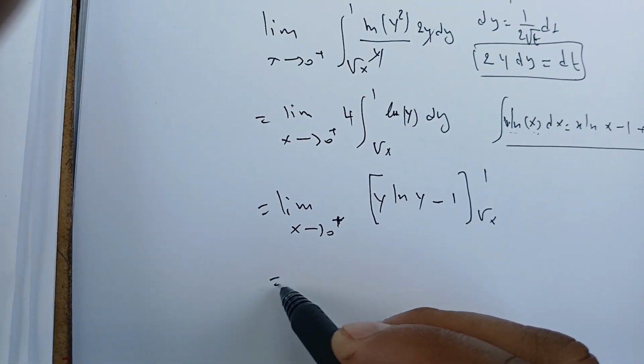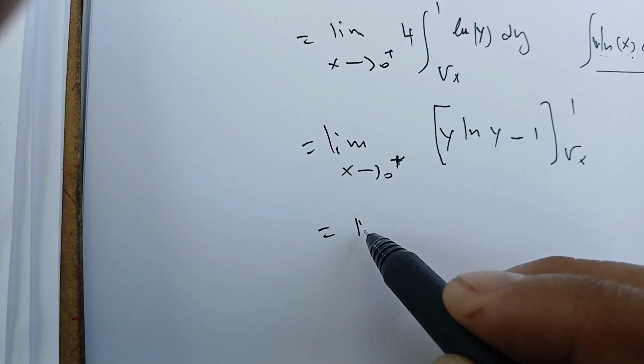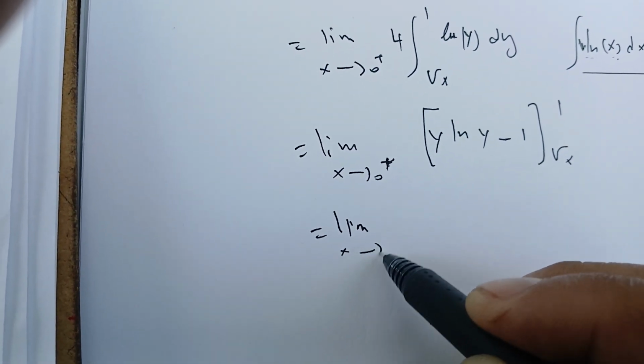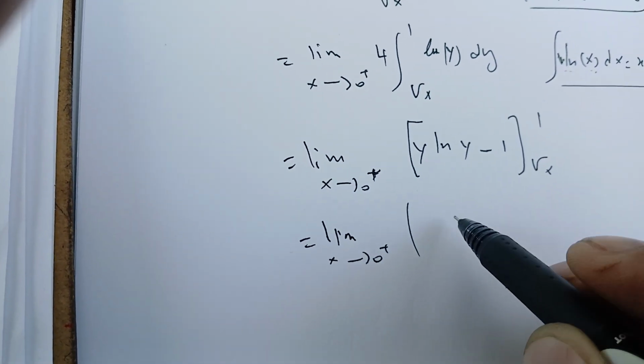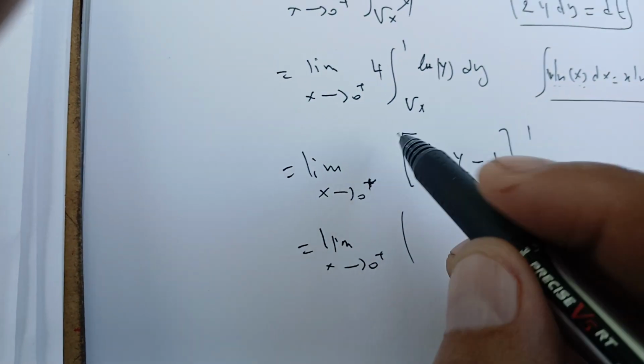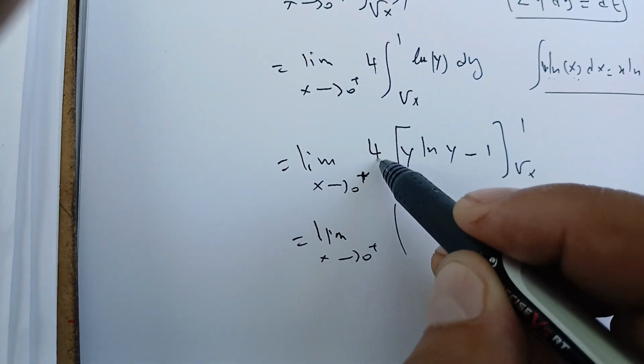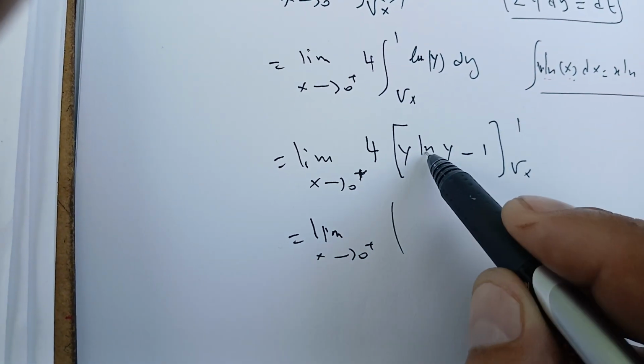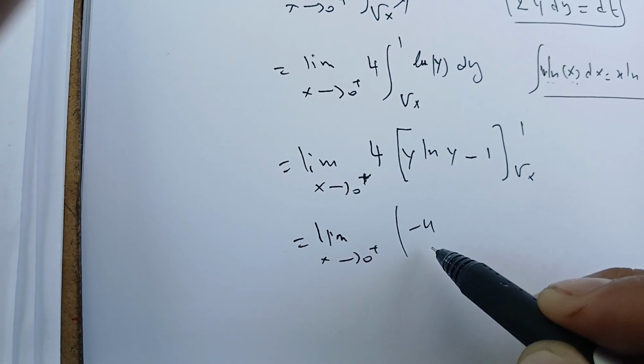So let's do this. The limit as x goes to 0 plus. Now we're gonna have, I forgot the 4. Let's have the 4 here. So when I plug 1, I get minus 4.